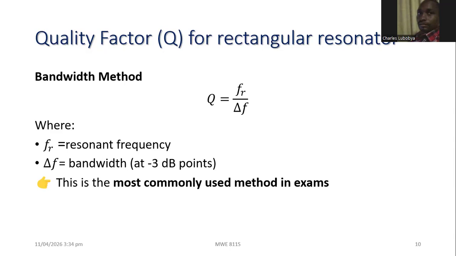First of all, you need to know the resonant frequency, and then given the bandwidth, you can calculate the quality factor. Sometimes you are given the quality factor and the resonant frequency, then you are asked to calculate the bandwidth. So you can play around with this equation for quality factor, which relates to resonant frequency and the bandwidth.